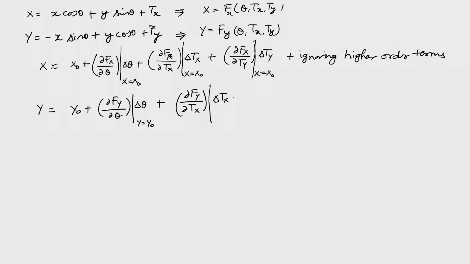Again, it is evaluated at some value of y equal to y0 and x equal to x0. And here ∂f/∂Ty into delta Ty, and we are ignoring the rest of the terms. Again, evaluated at y equal to y0 and x equal to x0. Now, this is the linearized form.